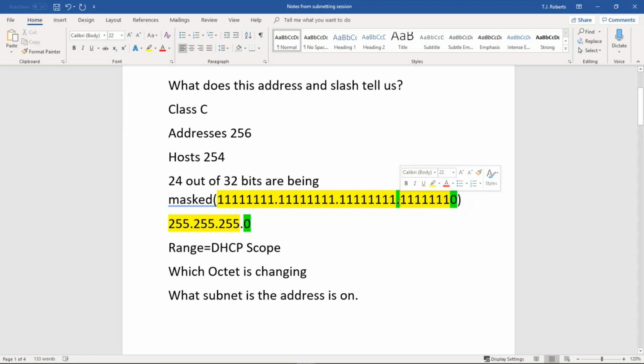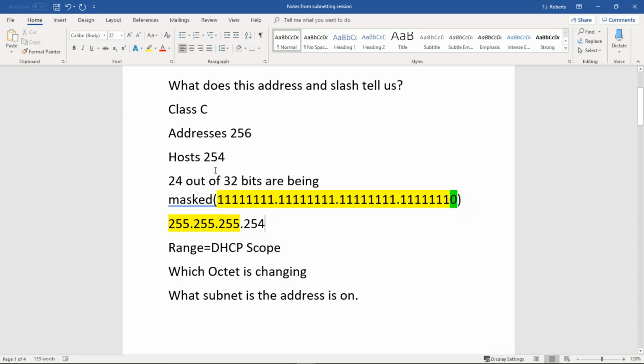I'm going to turn this yellow. There we go. Turn this yellow too. So in this scenario, this is what our subnet mask looks like. If all these bits are turned on, you get 255.